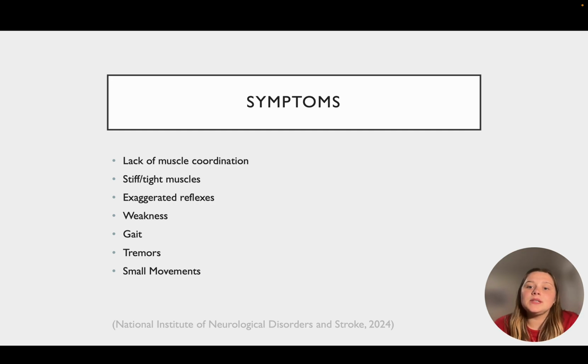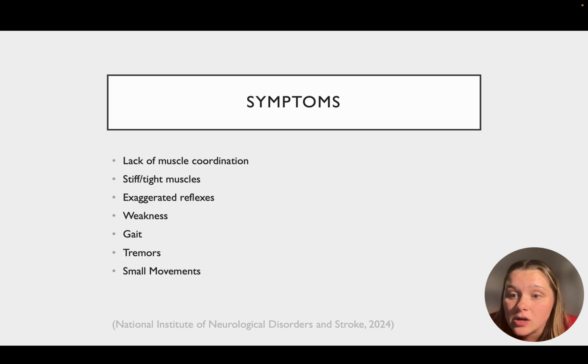So children with CP experience a variety of symptoms, some of which are a lack of muscle coordination when performing voluntary movements, stiff or tight muscles and exaggerated reflexes, weakness in one or more arm or leg, walking on your toes, a crouched gait, which just means a crouched stance, or a scissored gait, shaking, tremor, or random involuntary movements.